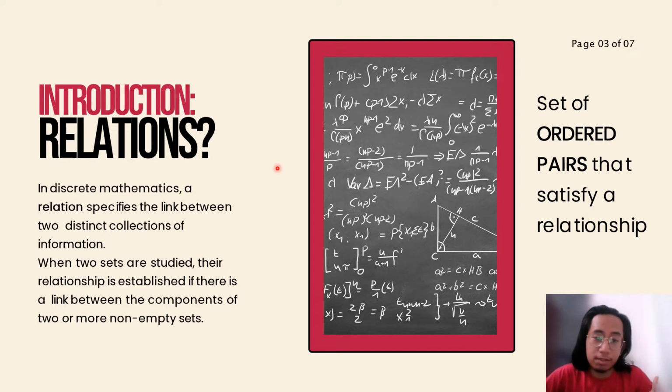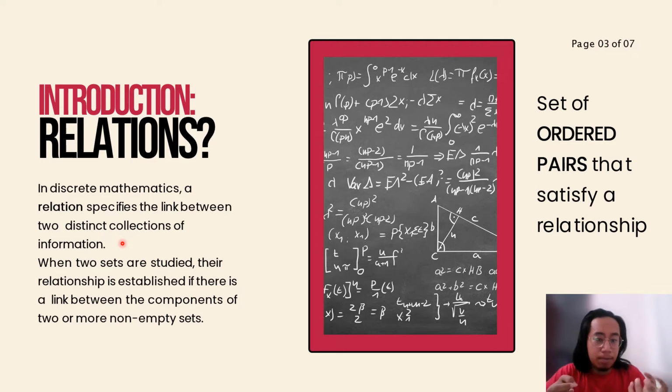So what is relations? Basically, in discrete mathematics, a relation specifies the link between two distinct collections of information. For example, there is one collection of information, for example, number 1, number 2, and number 3. And then the second collection of information is number 3, number 4, number 5, number 6. So when these two sets are studied, their relationship is established if there is a link between the components of two or more non-empty sets.